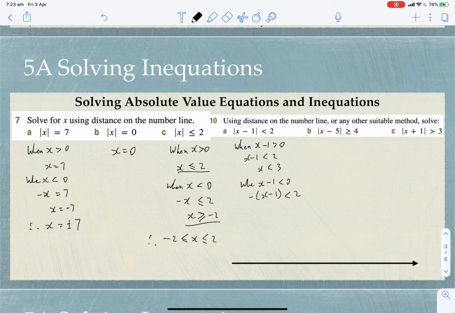Then you can times by negative 1 on both sides and plus 1 on both sides. So we got x between negative 1 and 3.